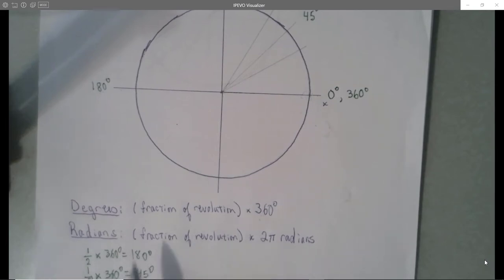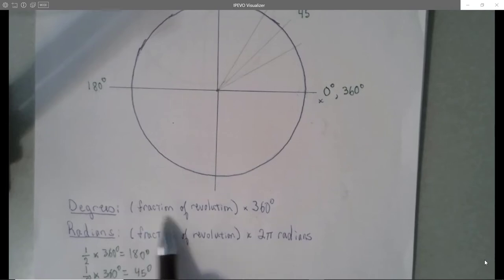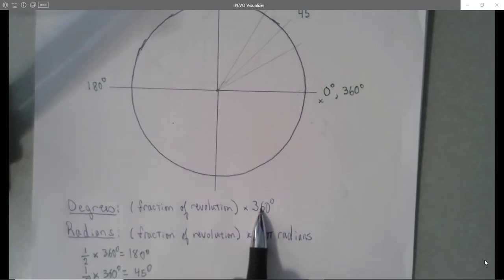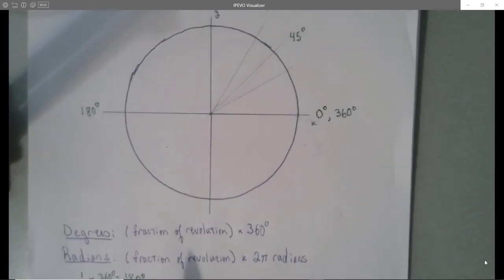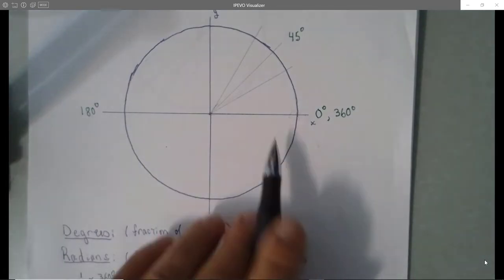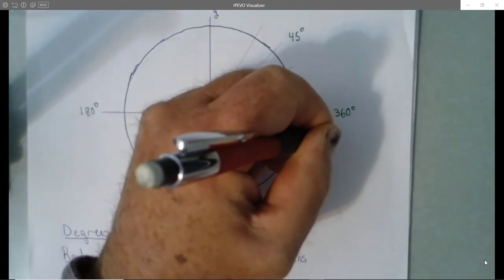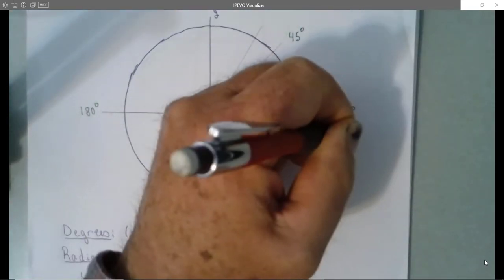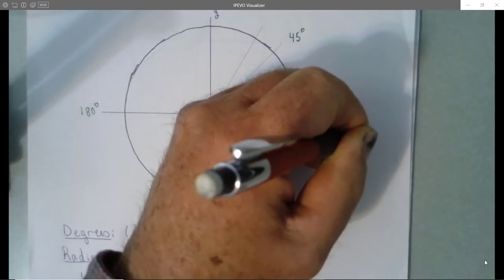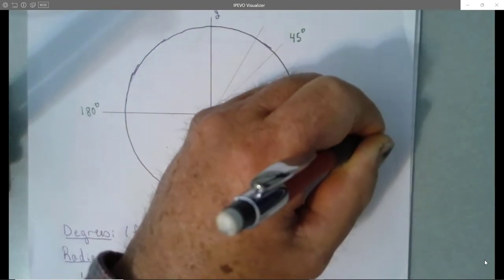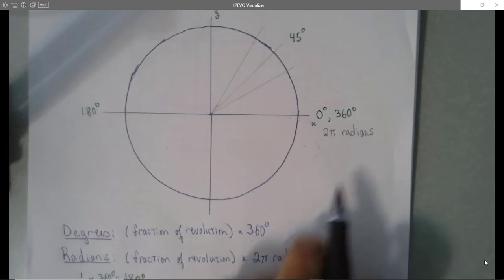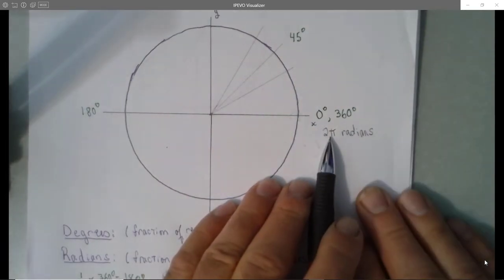Now, with radians, we're going to do exactly the same thing as this kind of calculation, only instead of multiplying by 360 degrees, we multiply by 2 pi radians. So, all the way around the circle is 2 pi radians. Now, you can write out radians if you're trying to emphasize that you're measuring the angle, but most of the time we don't.